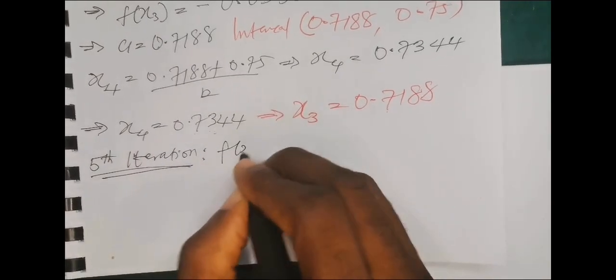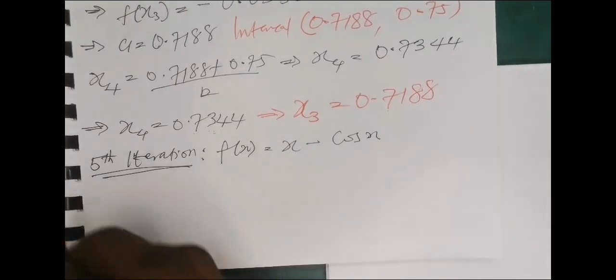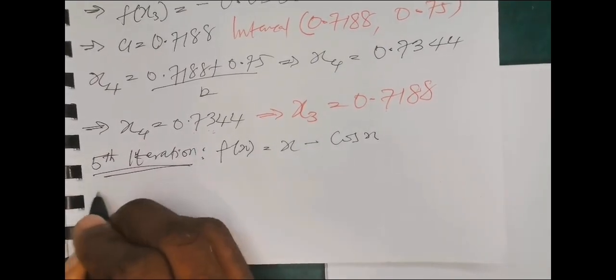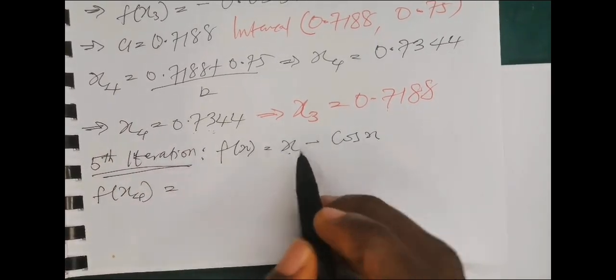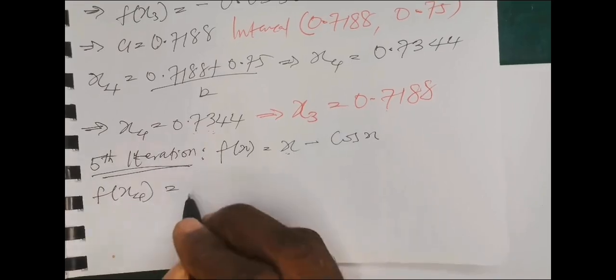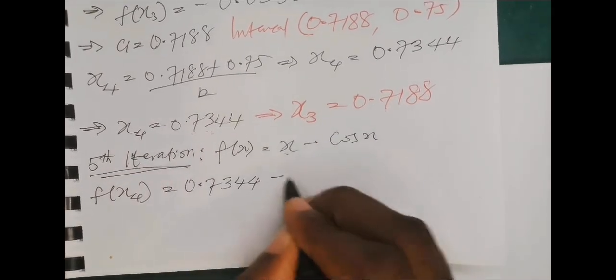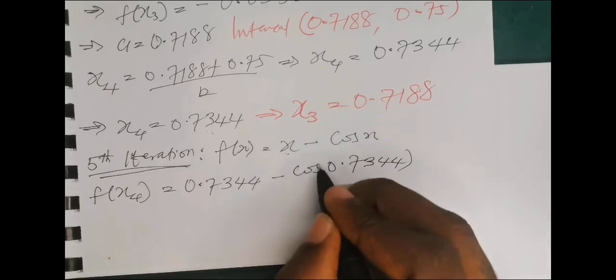Not forgetting f of s equals s minus cos s. For the fifth iteration, we simply plug in s4 in the function, that is f of s4, which in place of s becomes the value of s4, which is 0.7344 minus cos 0.7344.